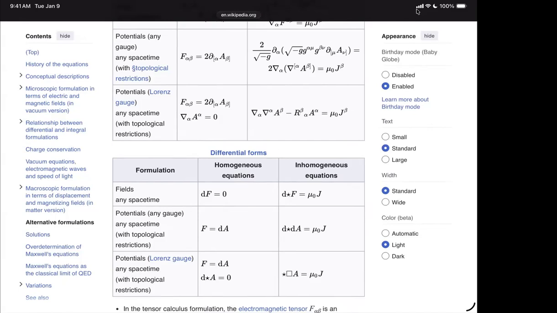Also some problems in economics about currency exchanges. You can use the curl and all this stuff to understand them. So it's a fun application of those things.